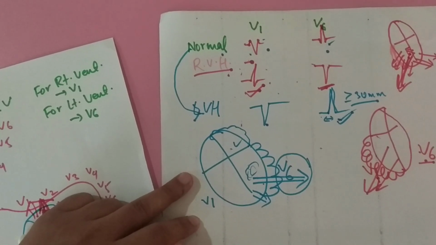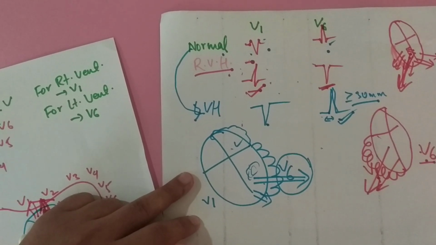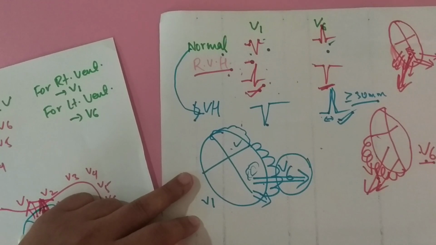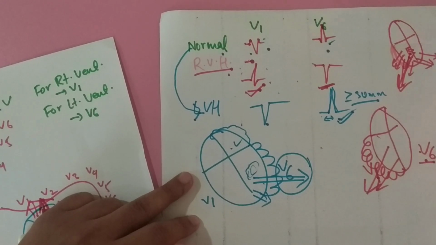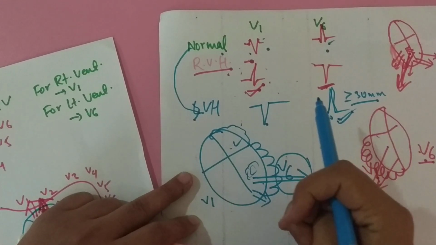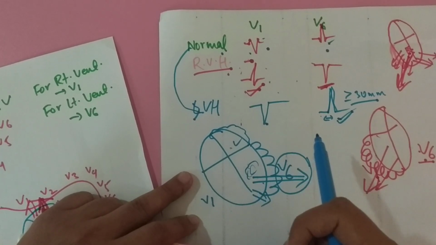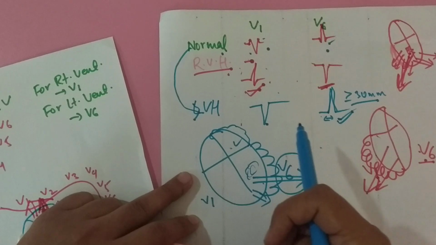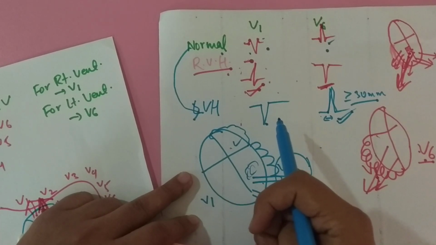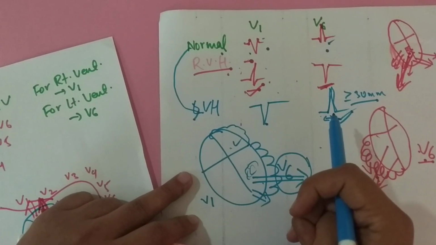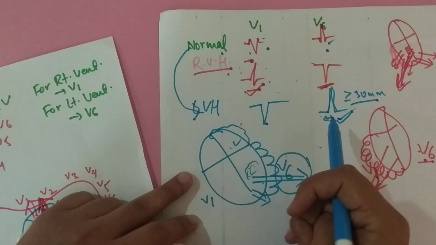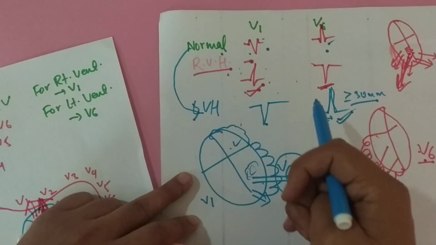You need to learn those criteria theoretically to call it left ventricular hypertrophy, but here I am only explaining the basic understanding of why the deflection is positive and why the deflection is negative. So you need to read the guidelines for right ventricular hypertrophy and left ventricular hypertrophy. However, this is the basic electrophysiological concept.